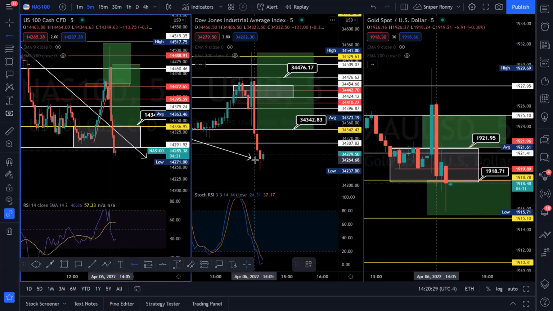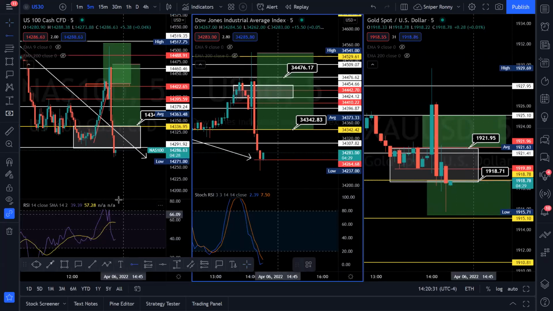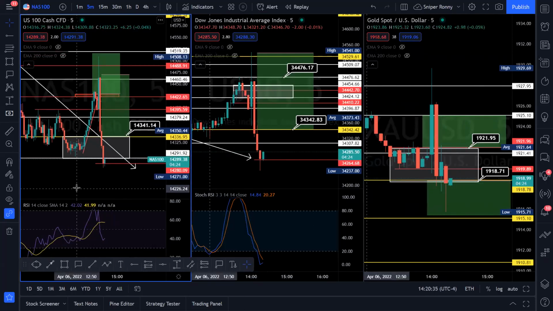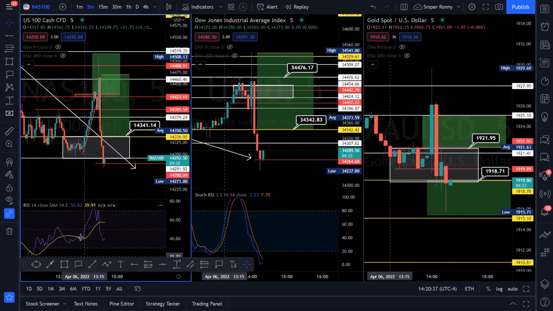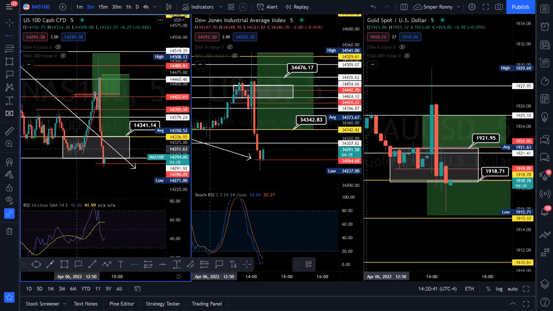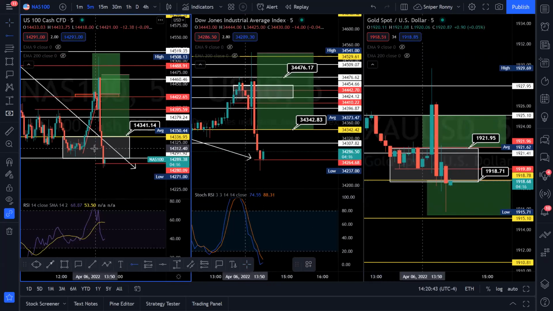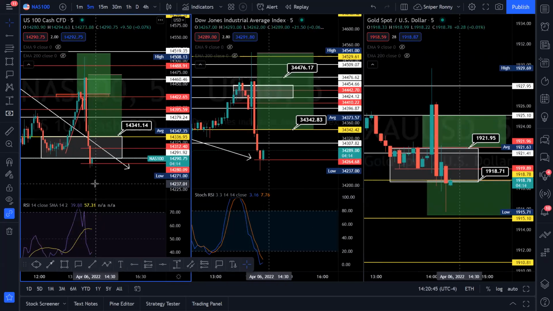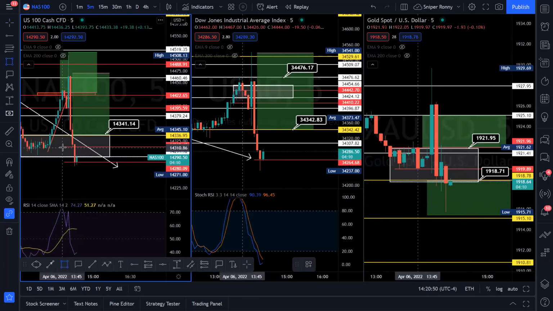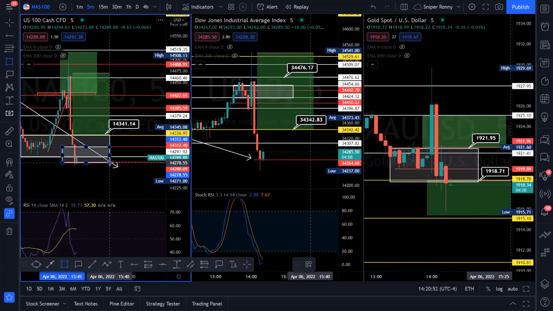I'm going to mark this level as support right there. It's coming back up, but watch now. Here we have a resistance level, I'll put it right here. Maybe it wants to get a little choppy inside this range.